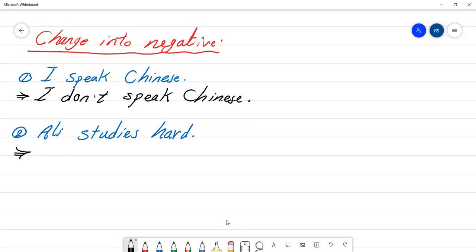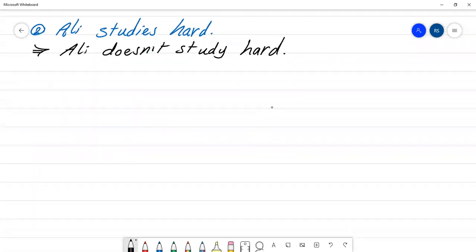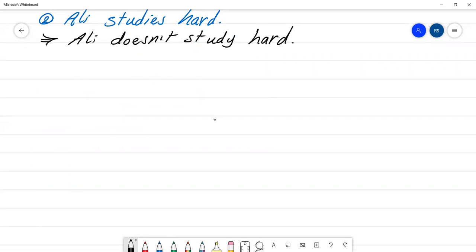We use doesn't for present, Salah. We use didn't for past. So Ali doesn't study hard. Okay. Got it, my friends? Is it clear? Yes, teacher. Okay, let's move to the next point.